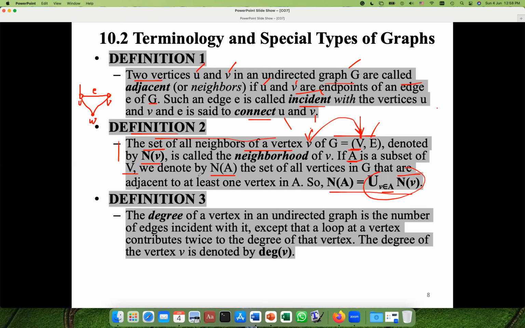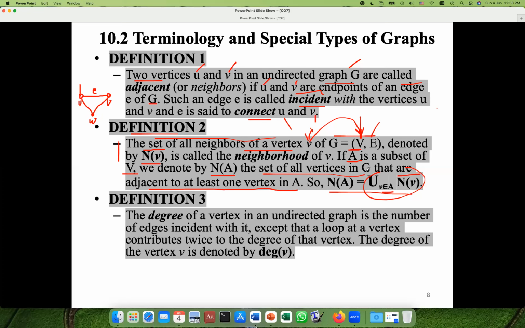Now you will understand this sentence. We can represent N of A as the set of all vertices in G that are adjacent to at least one vertex in A. What is this N of A?